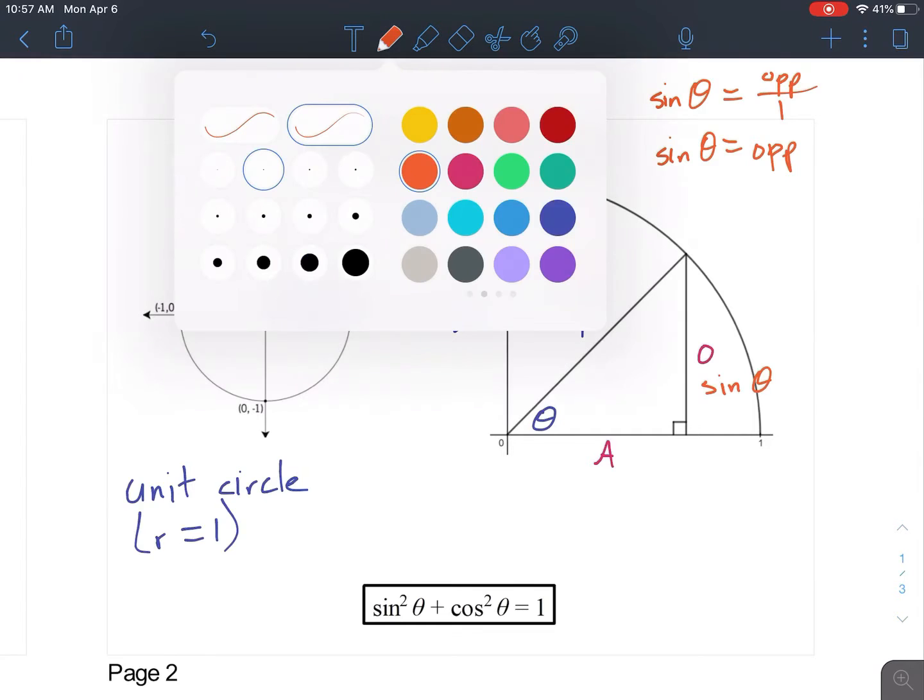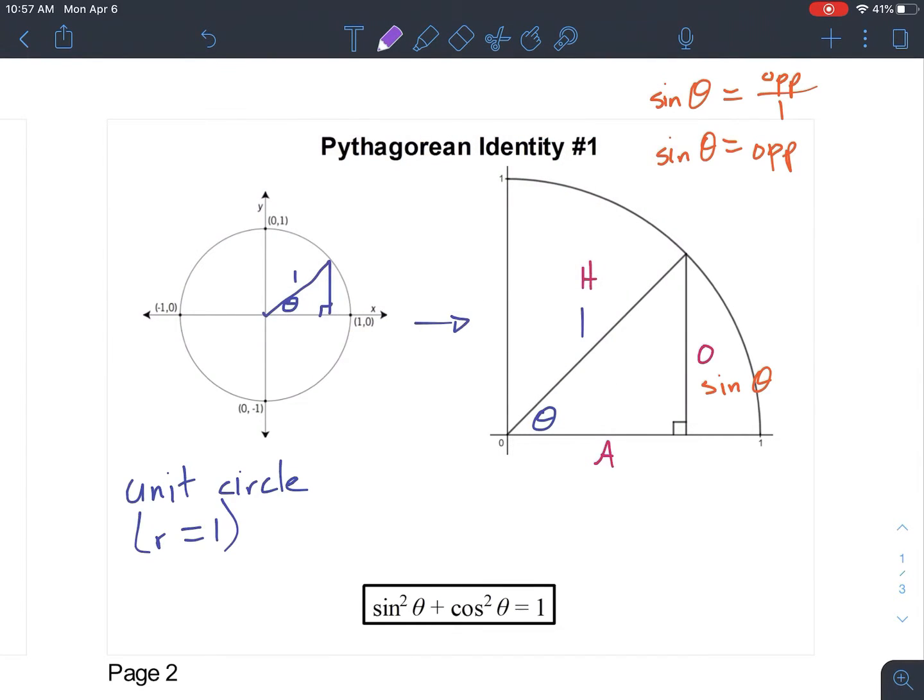Then we're going to find the other one. And in this case, we know, again from SOHCAHTOA, cosine equals the adjacent over the hypotenuse, which is again 1. Over on the right side, that can simplify. So then now we have cosine of theta is equal to the adjacent side.